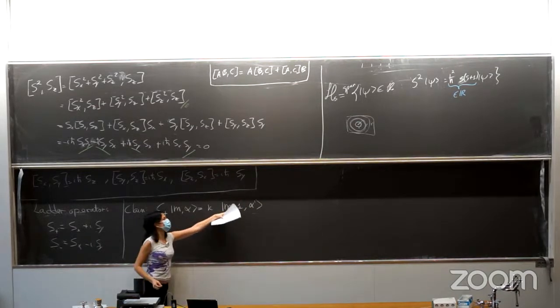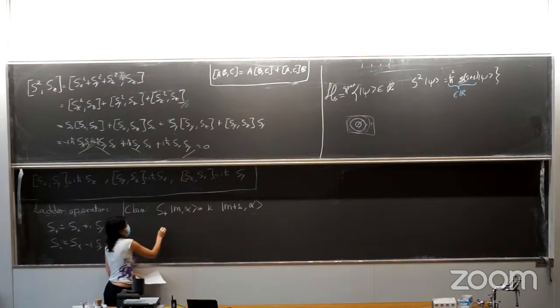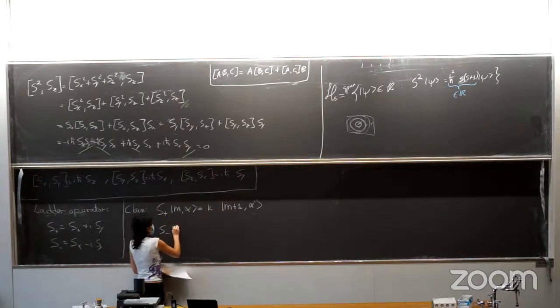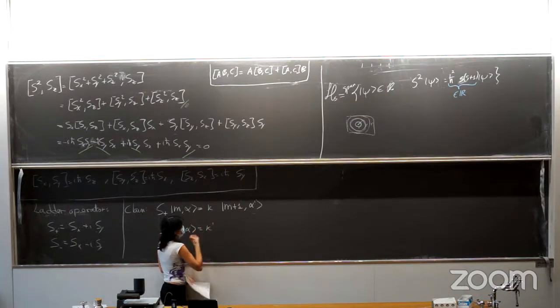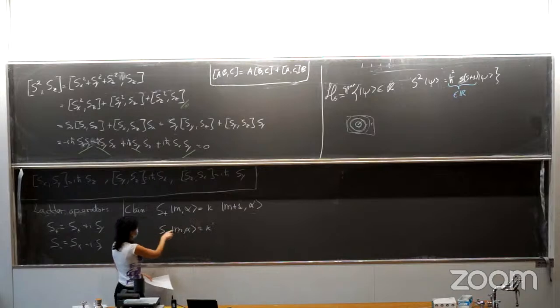And when I do the minus, there's going to be some other constant, which can depend on m and alpha, we don't know yet, with m minus 1.